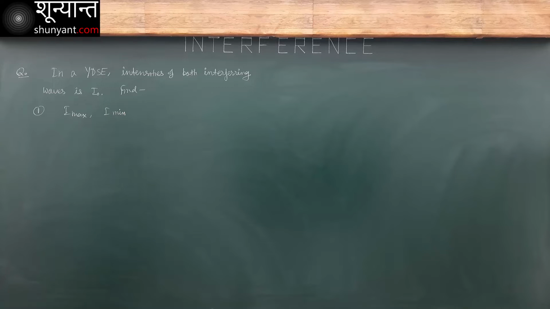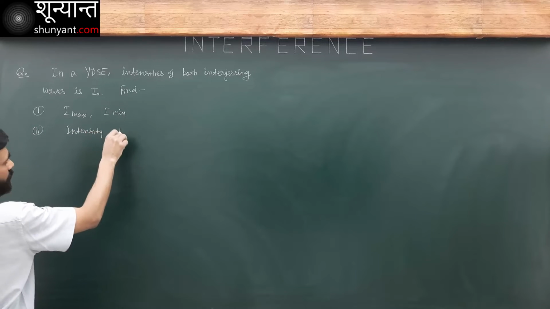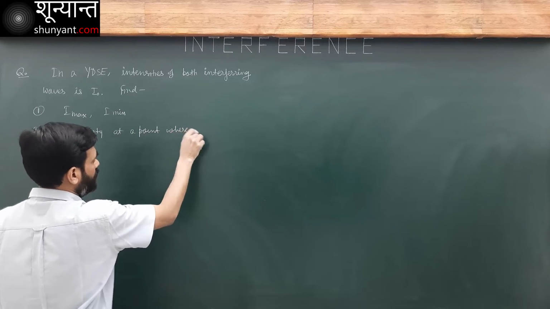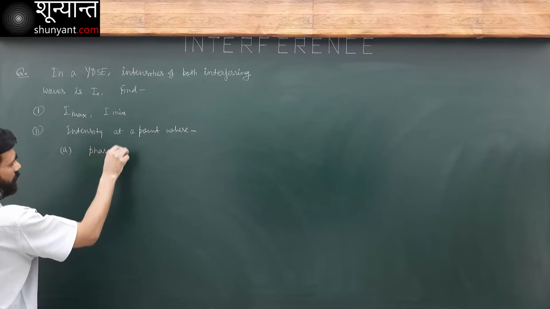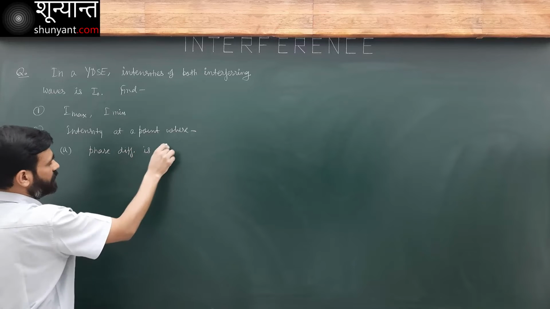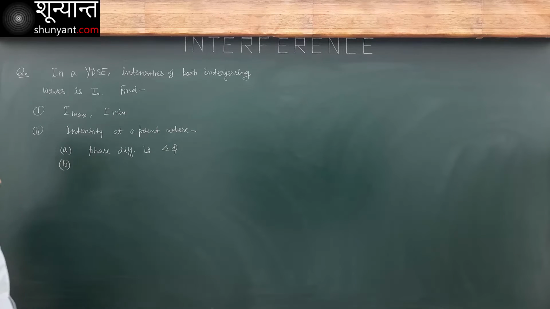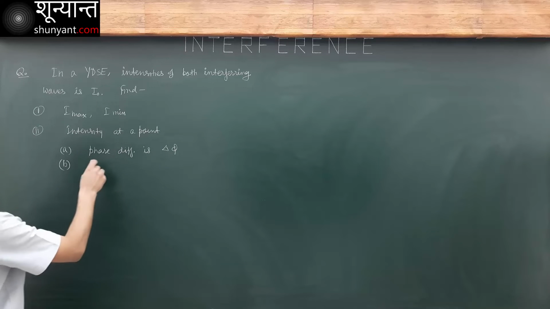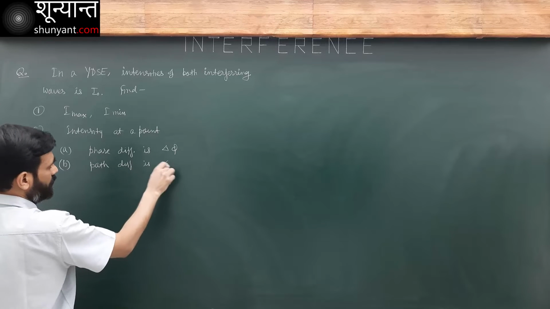Okay, very first problem. Second, intensity at a point where phase difference is delta phi, path difference is delta x.